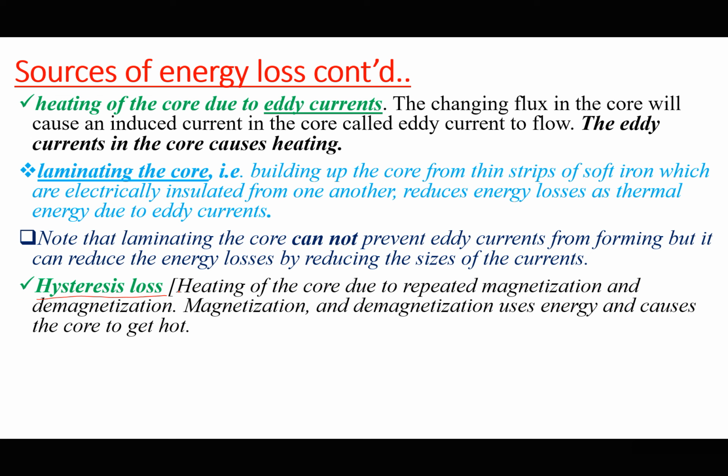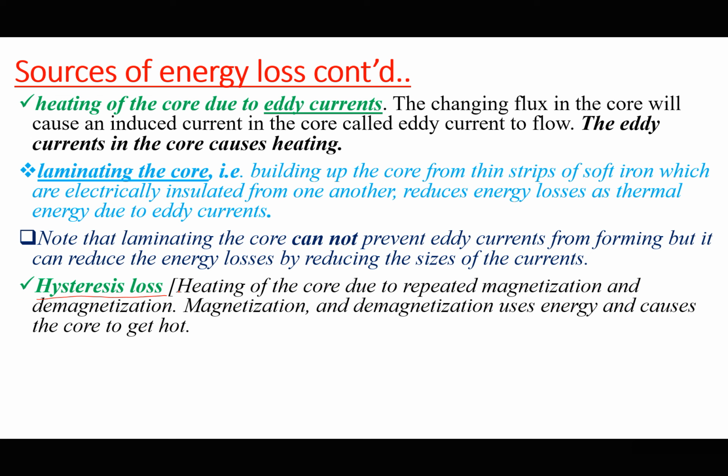In the process, there is continuous creating of a magnetic field and cancelling out of the magnetic field. This repeated magnetization and demagnetization wastes energy in the core as heat. This is what we call hysteresis loss.